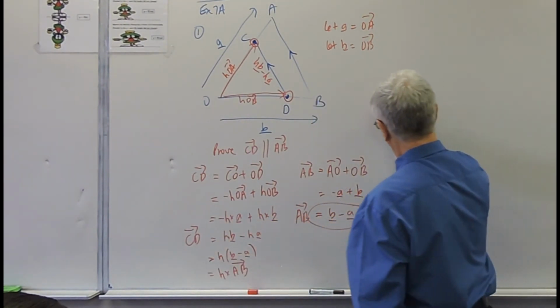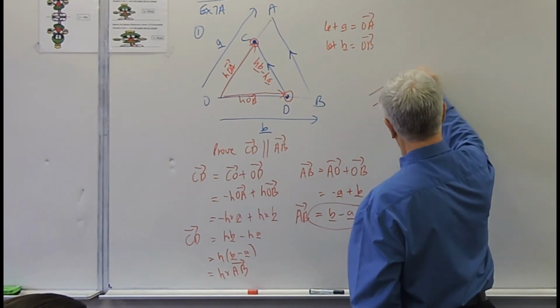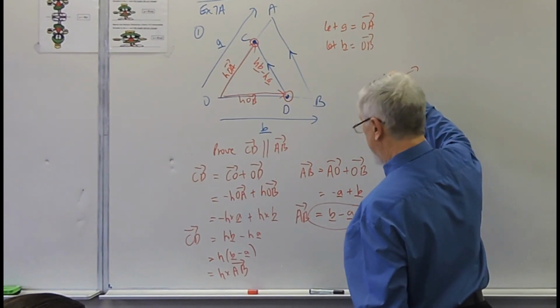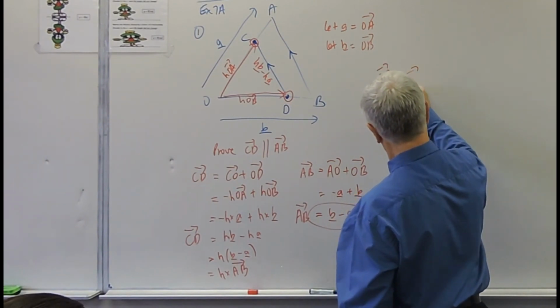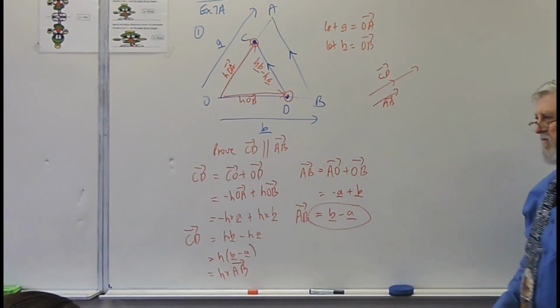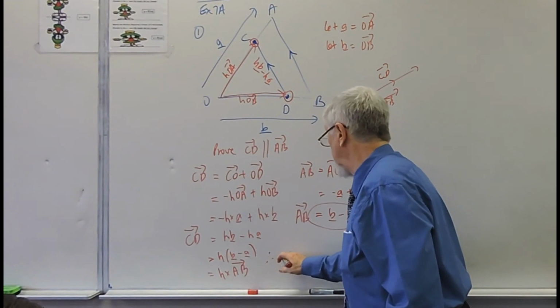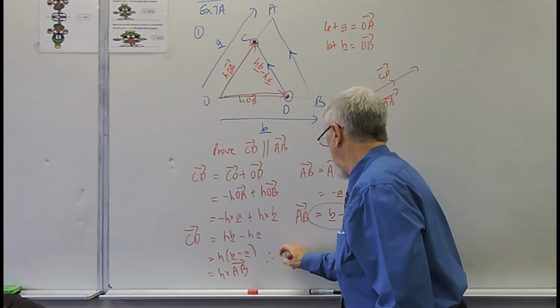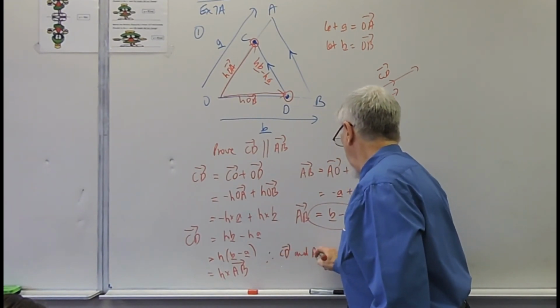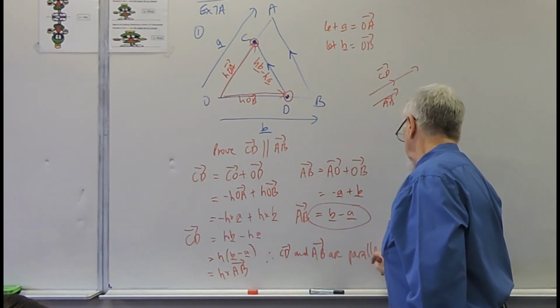So if I had a vector here and say that was AB, and I just said to you that, I don't know, what was it? CD was twice as long as AB. Are they parallel? Yeah. So they are parallel. You can go as simple as therefore they are parallel. So CD and AB are what? Parallel. Done.